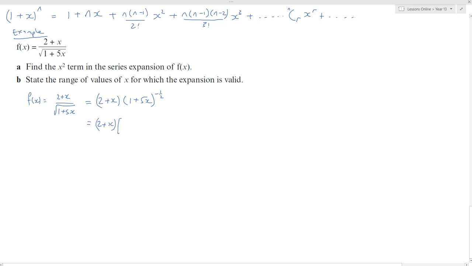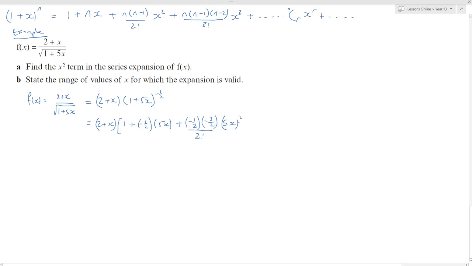If I use square brackets here, then I expand this out, I get 1 plus n, which is minus a half, so minus a half times 5x plus, I've got that minus a half, and then I take away 1 from that, gives me minus 3 over 2 factorial times 5x squared.